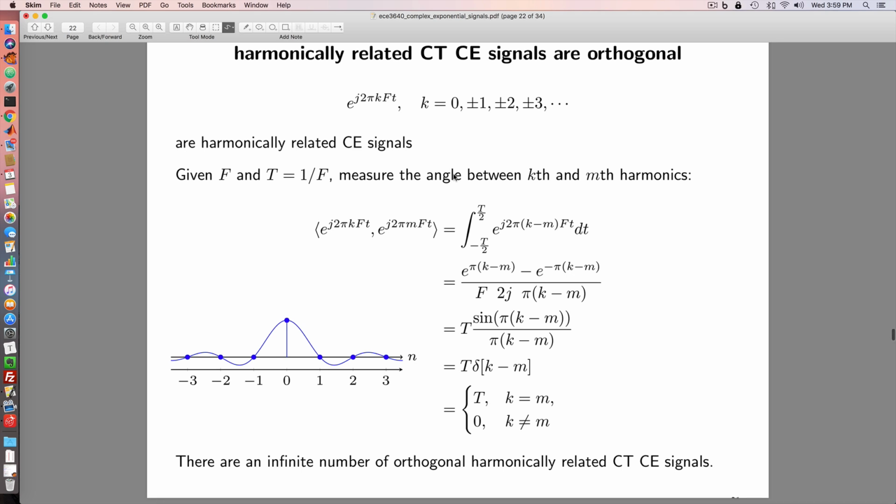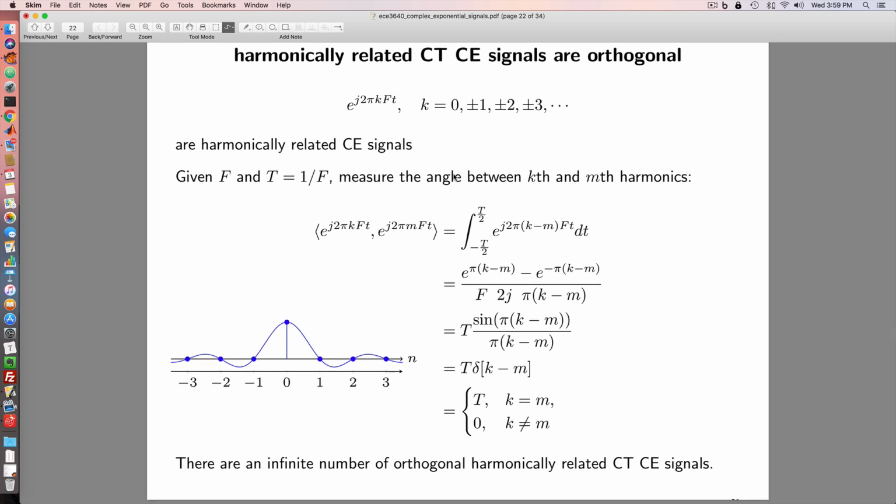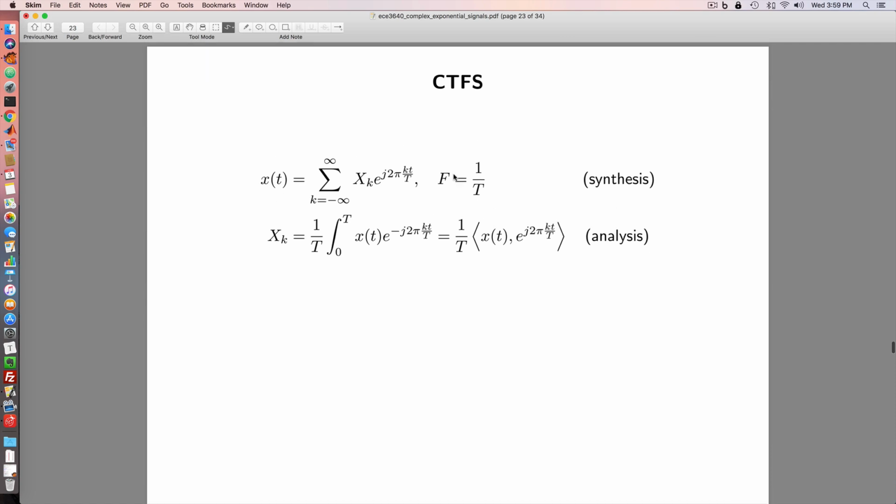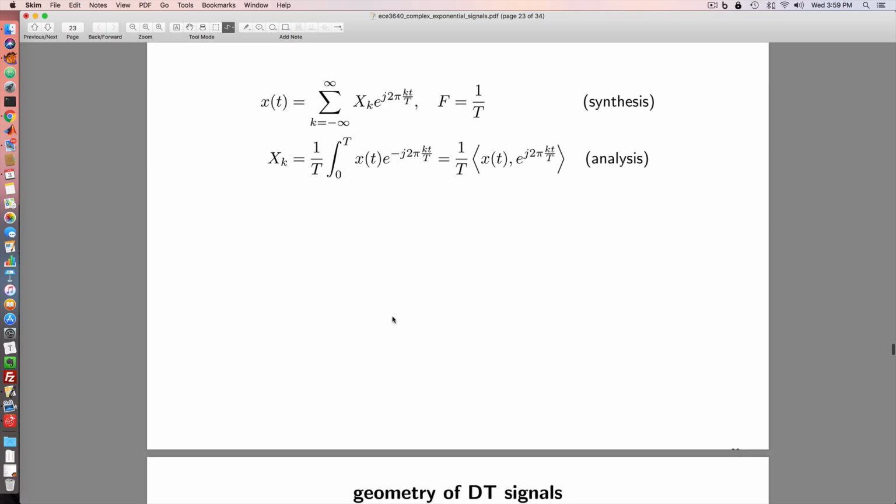So there's an infinite number of orthogonal, harmonically related, continuous time complex exponential signals. And in fact, those are the very signals that are used in the definition of the continuous time Fourier series. I've reproduced here the synthesis equation and the analysis equation for the continuous time Fourier series. And these harmonically related complex exponentials are the basis that is used there.